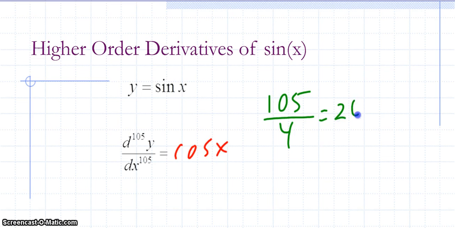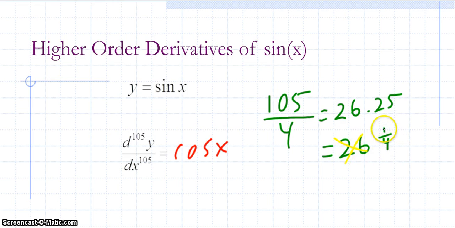Well, it's 26.25, or you could say 26 and 1/4. So the 26 is just telling me how many times it goes into 4 evenly. So I can ignore that, and I see that I'm left with 1/4.